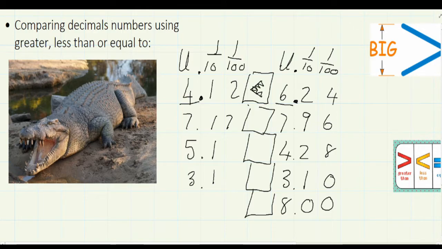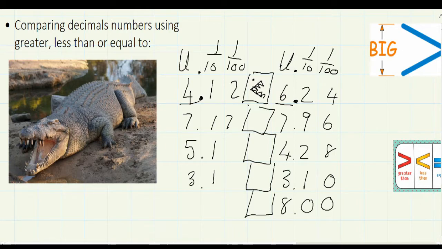He's a hungry, greedy crocodile. Look at him. And if we had to say this in a number sentence way, we'd say 4.12 is less than 6.24.